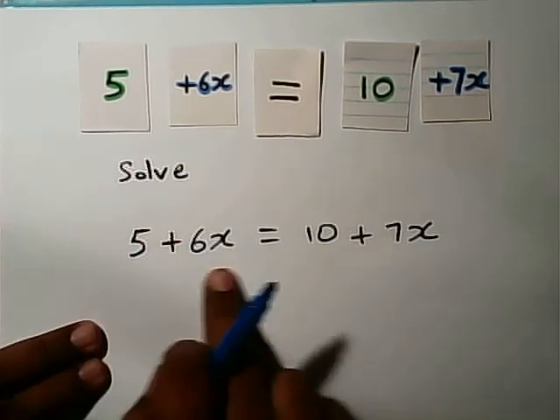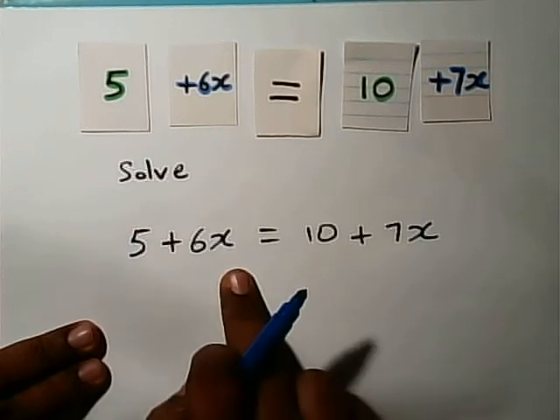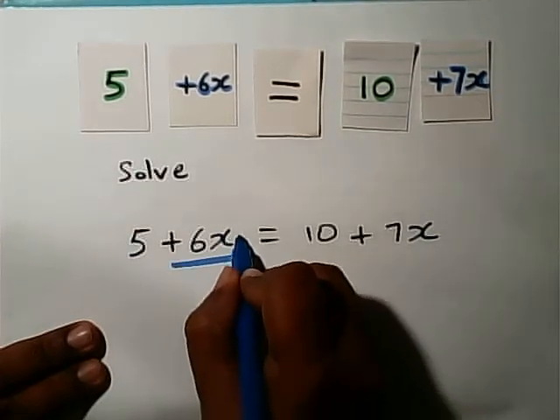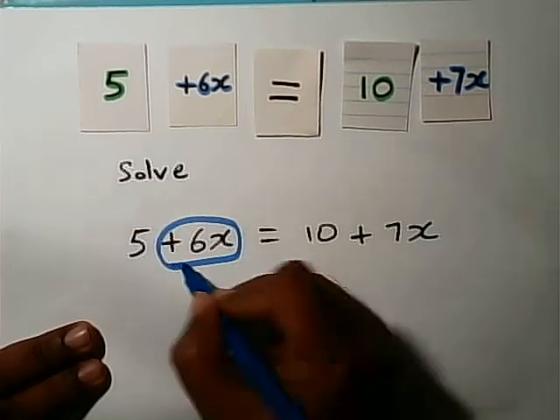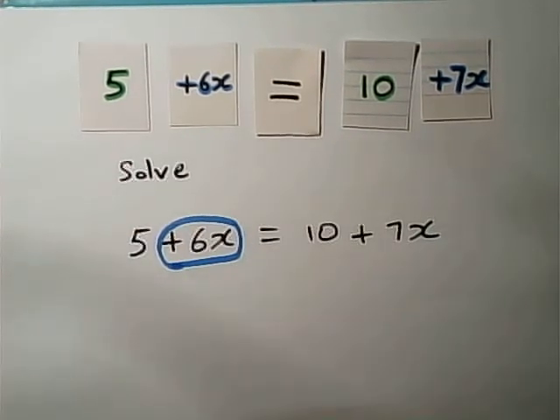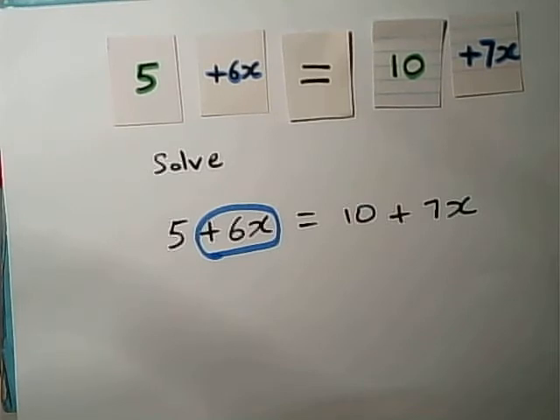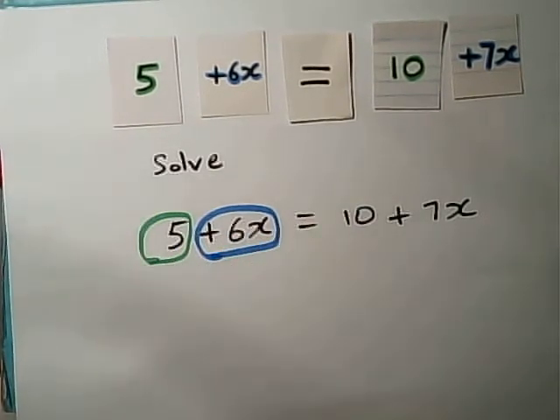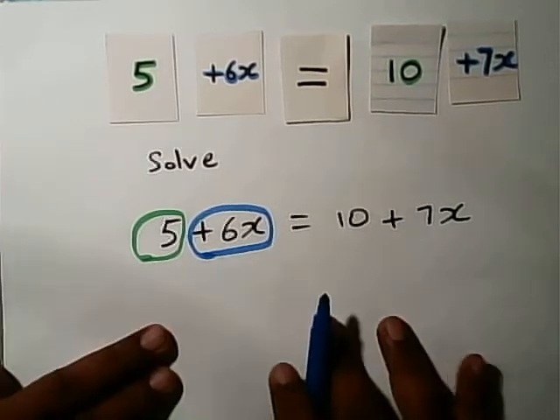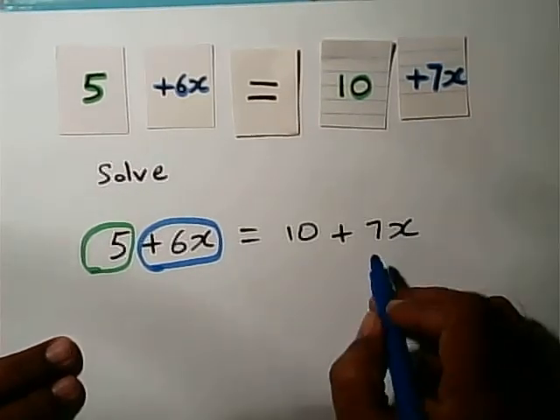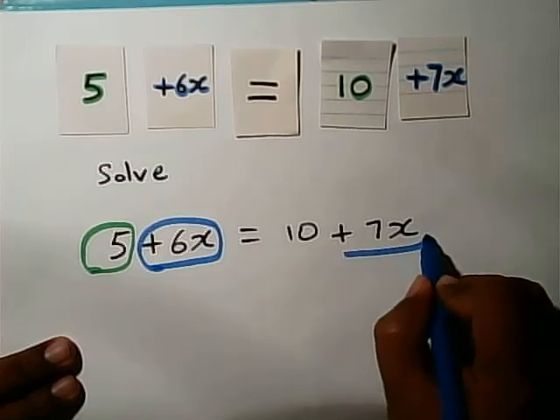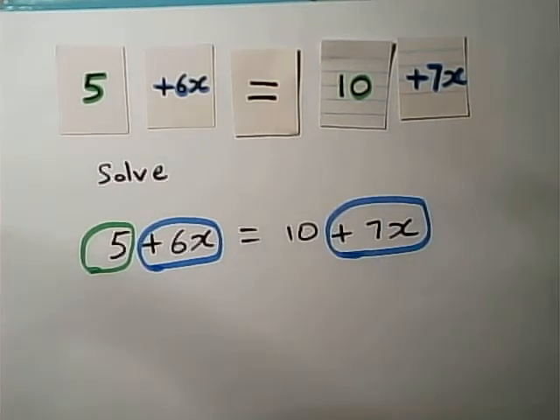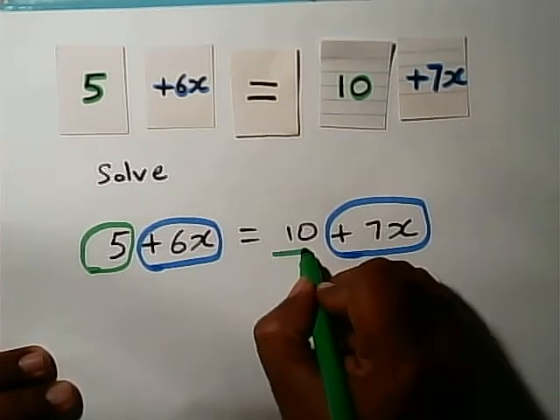How many terms on the left hand side of the equal sign? We have a 6x and we have a 5. On this side we have a like term, a plus 7x, and a plain number 10.